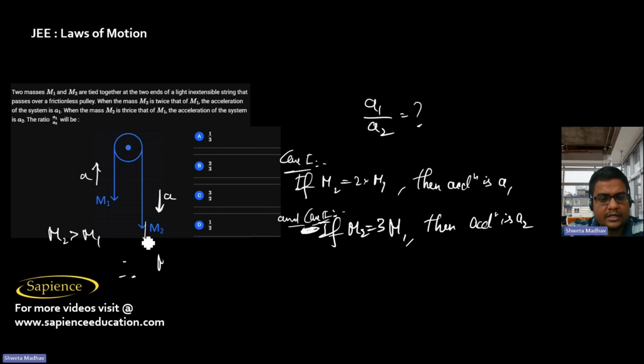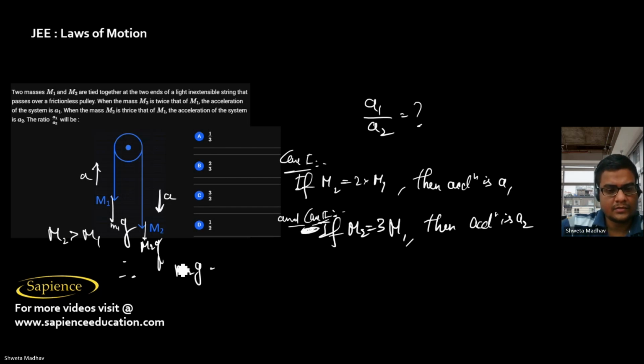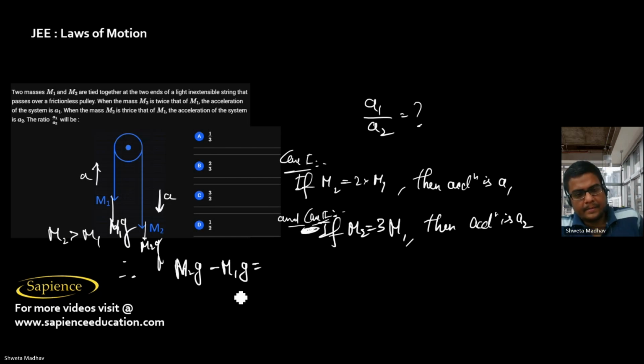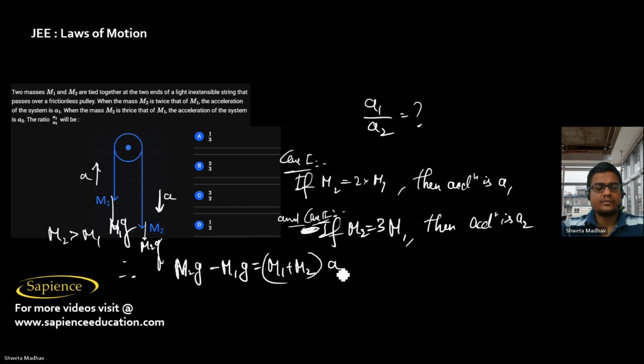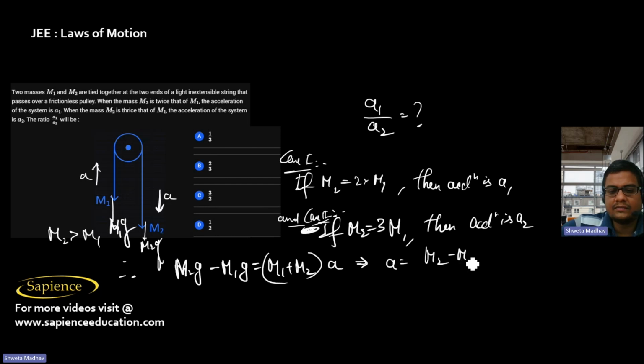Here m2g acts on one side and m1g on the other. So m2g minus m1g equals m1 plus m2 into a. So the acceleration is (m2 minus m1) into g by (m1 plus m2).